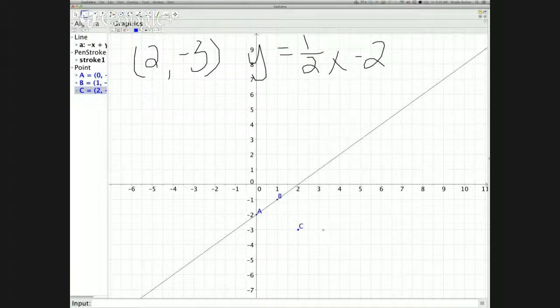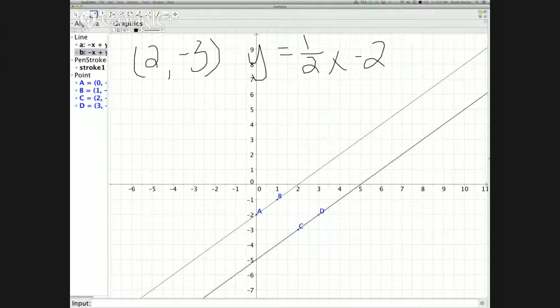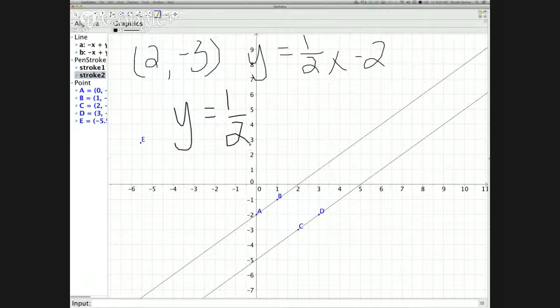And I want it to be parallel, which means I want it to have the same slope. So up 1 over 2. And then draw a line through that to see where its y-intercept is. And its y-intercept is at -5. So my line for this one is y equals 1/2 x minus 5.